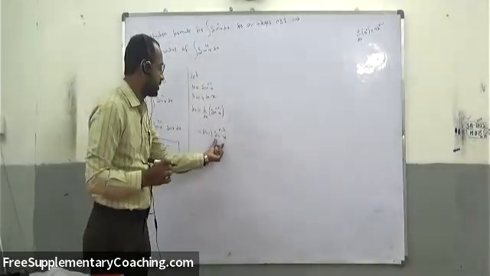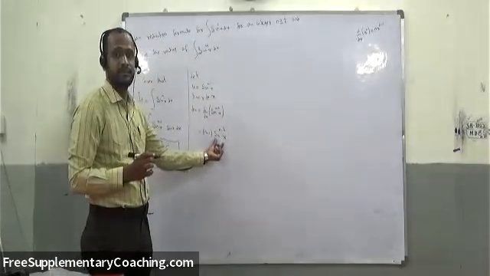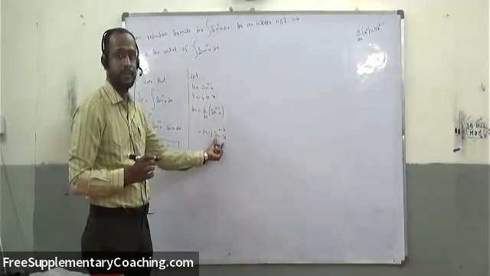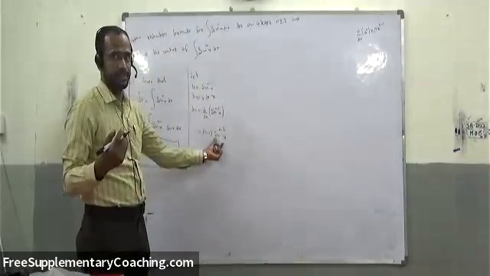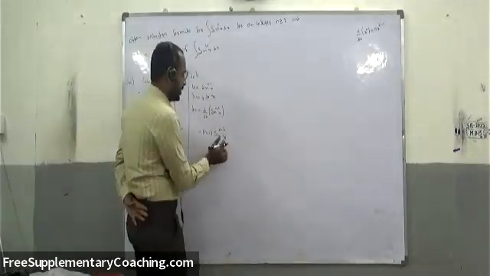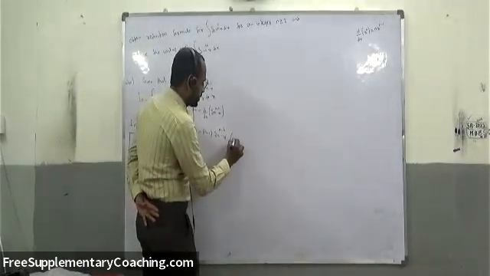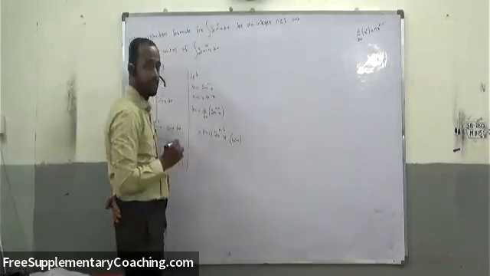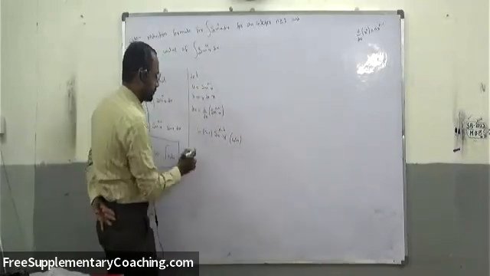What is the inner derivative of sin x? d by dx of sin x is cos x. So here we have to write the inner derivative, that is cos x. So what to do?